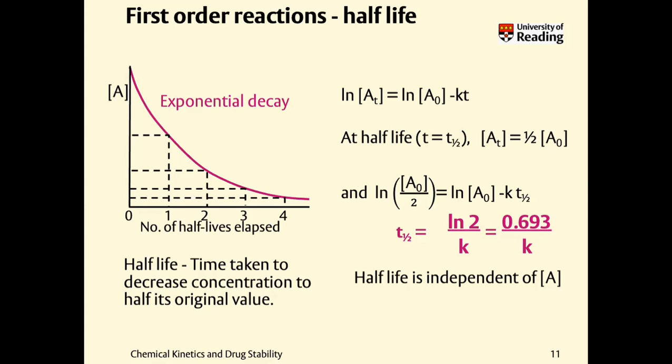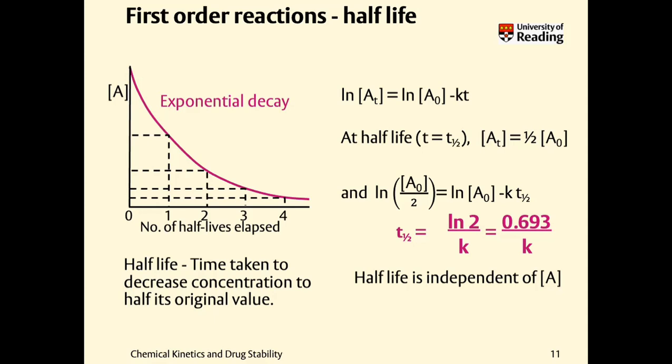If we look at the integrated first order rate equation, we can see that the half-life is the point where the concentration that we measure is half the initial concentration. So we can say that A_t equals a half of A naught. Then we can substitute either the A naught value or the A_t value into that top equation and simplify the equation.